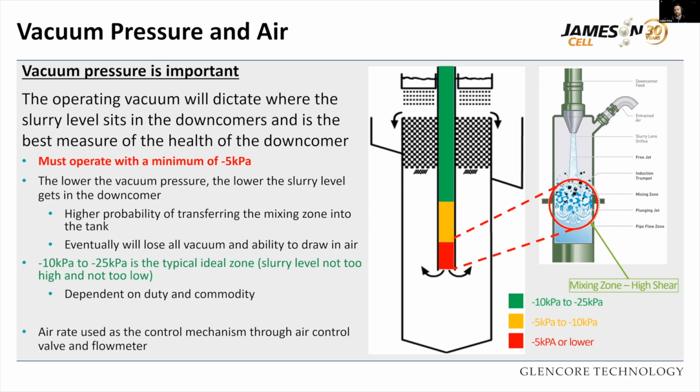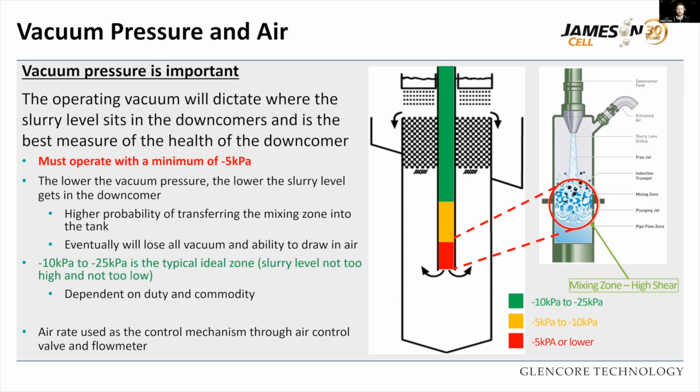So we still recommend that air is obviously the main control in the system. And I'll probably say there as well that even if there's a need to run still with the higher vacuums, anywhere up to sort of 30 kPa, really low airs, specific for a duty, that's still fine.